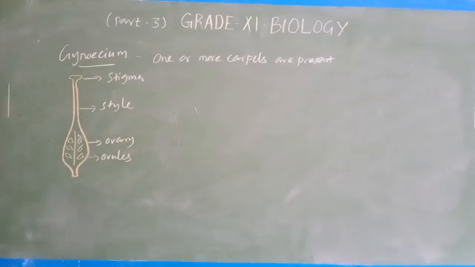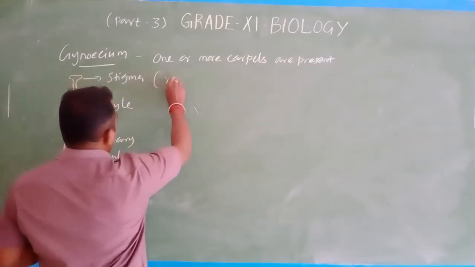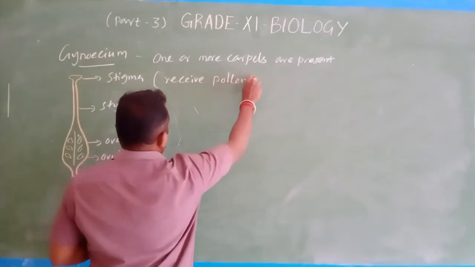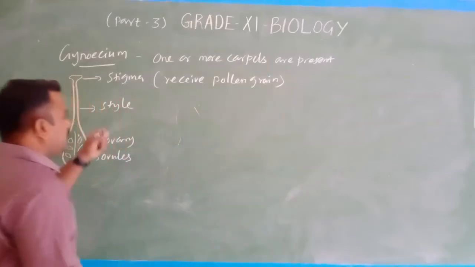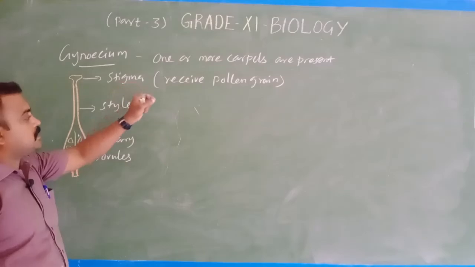The stigma receives the pollen grains. It is the receptive part, that means it receives the pollen grain.